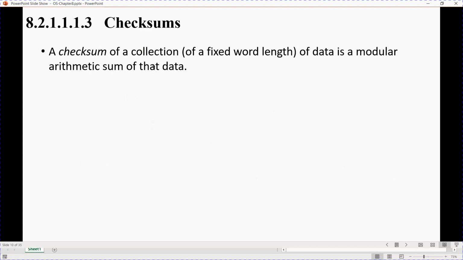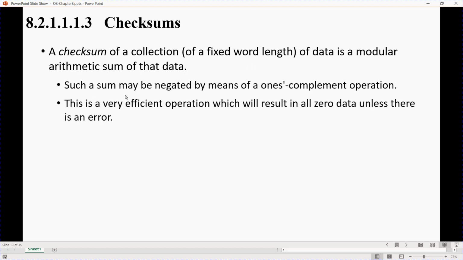A checksum is a modular arithmetic sum of the data. Checksums, modular arithmetic sums, can be negated by a ones complement. When you compute the ones complement and add it to the original data, you should get 0.